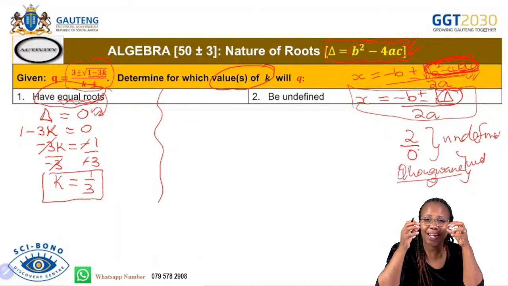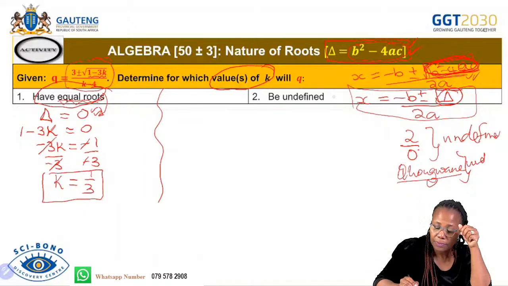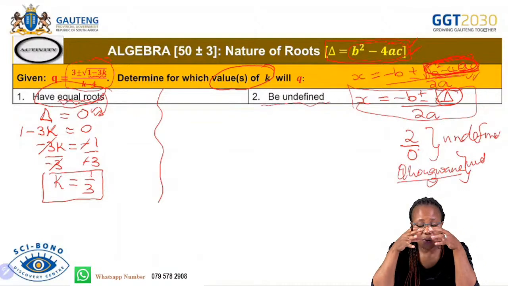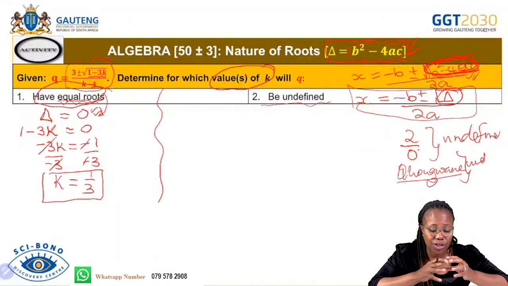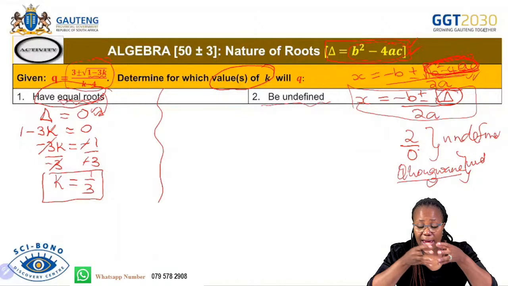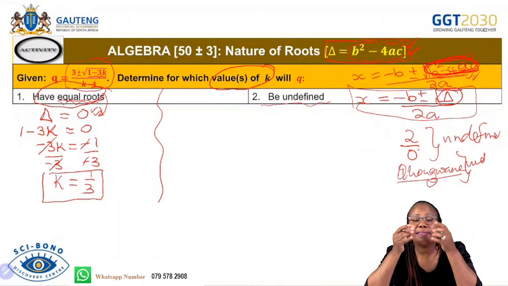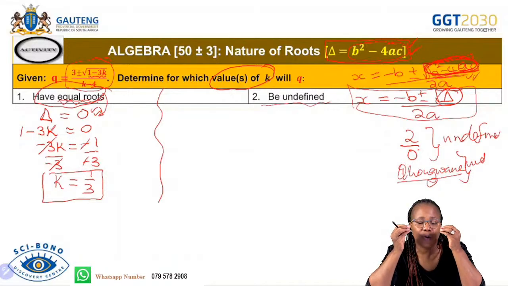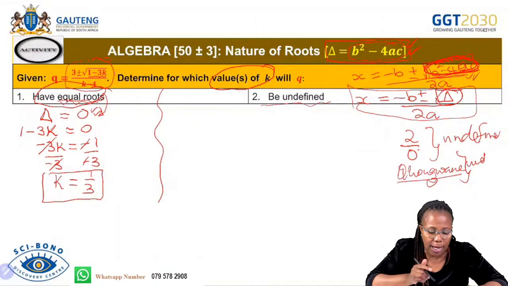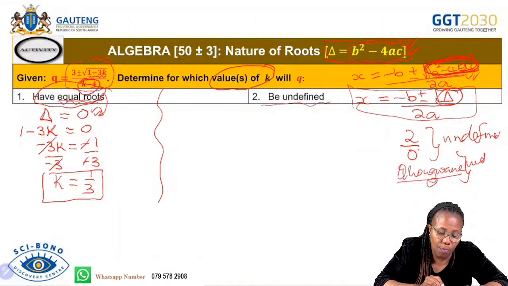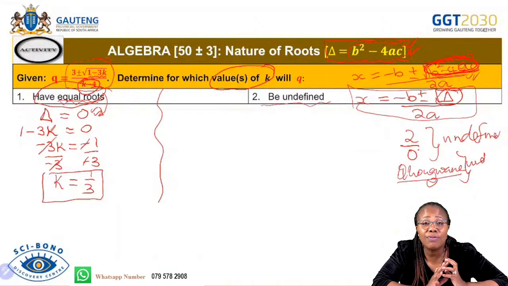Now we want to take that information to deal with this equation. How can we take this equation that is given to us and make it undefined? This will only be undefined, grade 12, when your denominator is equal to 0. What is our denominator? That is k minus 4. You are not allowed to divide by 0.